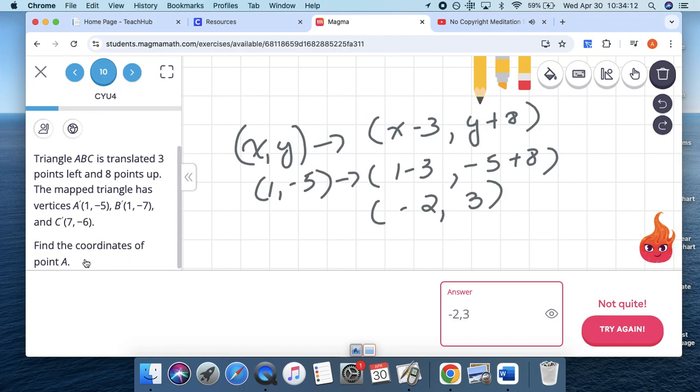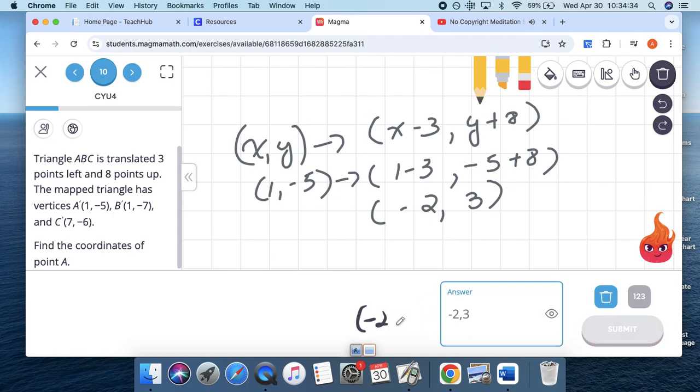Find the coordinates of point A. Point 1 is -1, 5. It went 3 to the left and 8 up. Okay, so 1 minus 3, -5 plus 8.